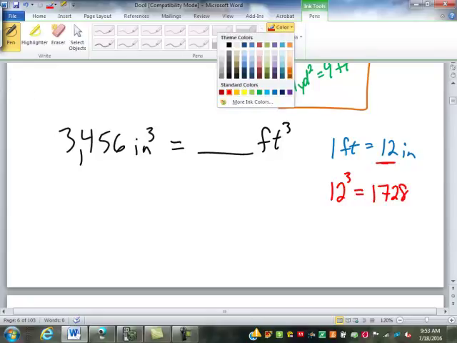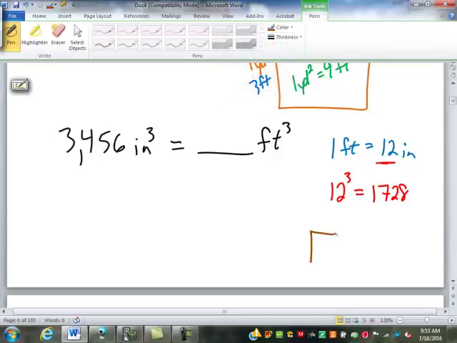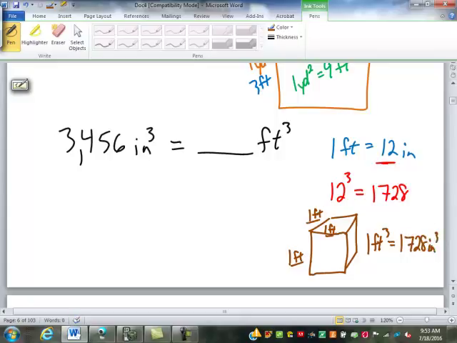1,728. The reason for that is 1 cubic foot is 1 foot by 1 foot by 1 foot, which would be 12 inches by 12 inches by 12 inches. So 1 cubic foot equals 1,728 cubic inches.